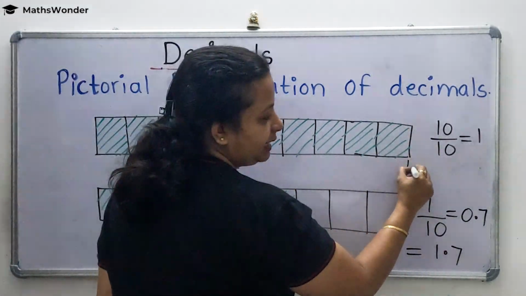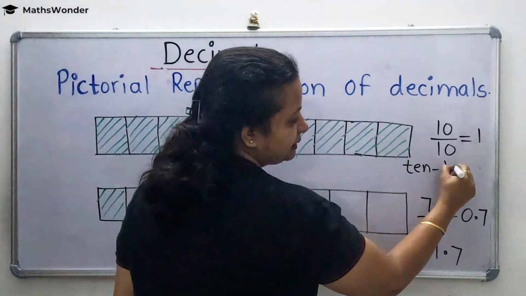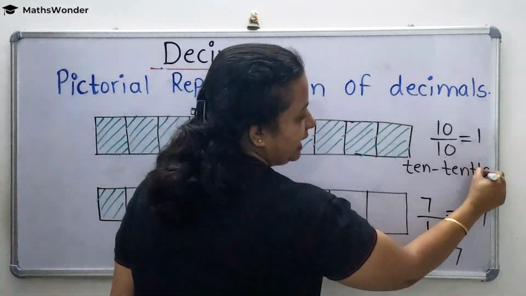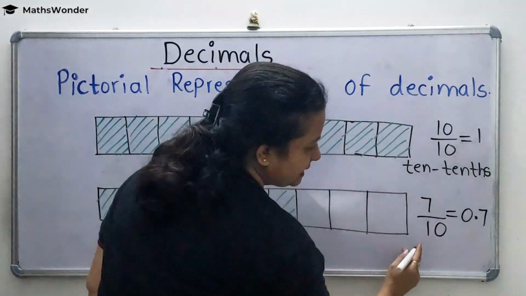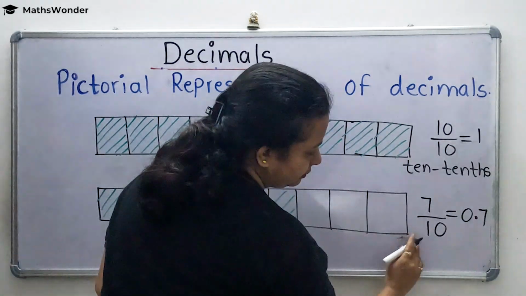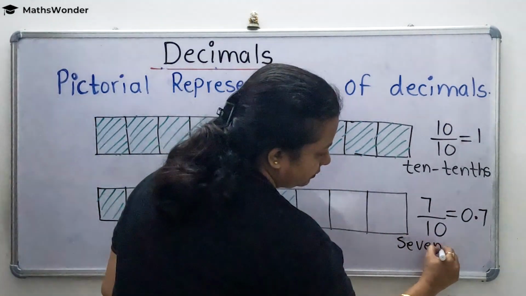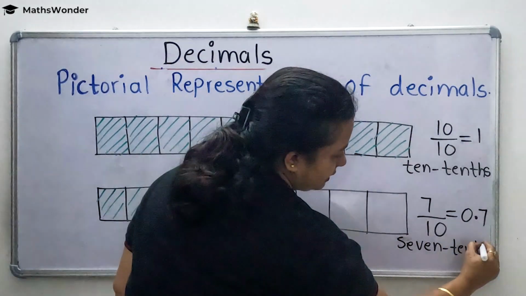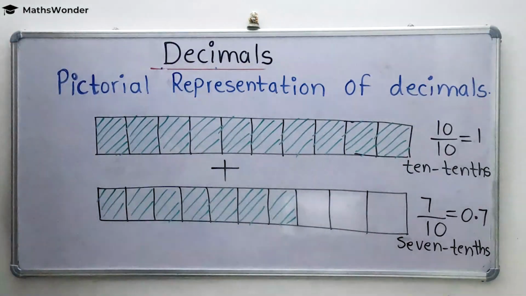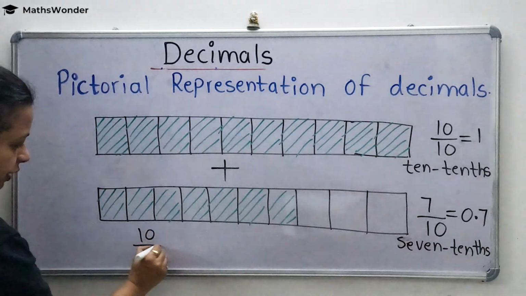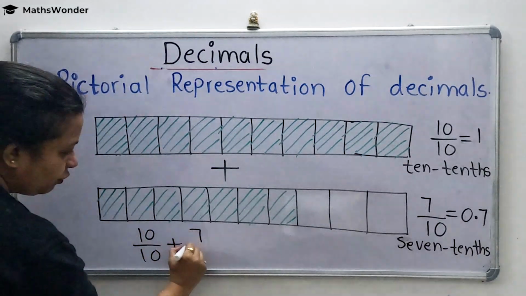Taking the sum of 10/10 and 7/10, how will you write it? 10 over 10 plus 7 over 10.